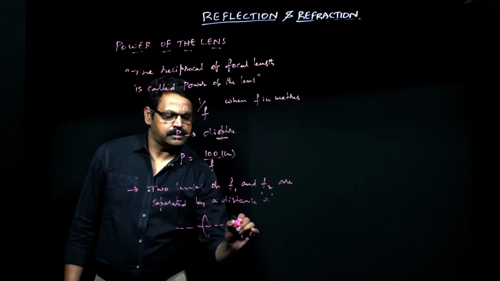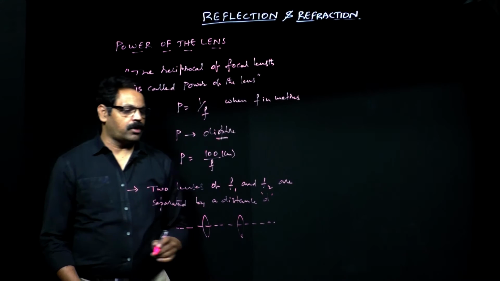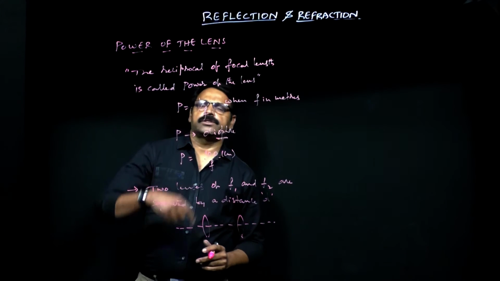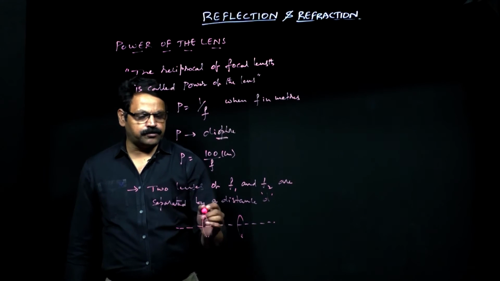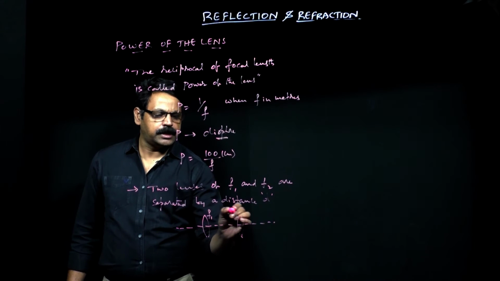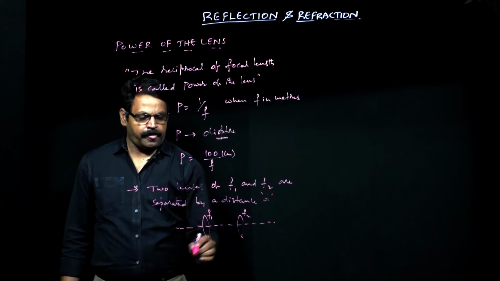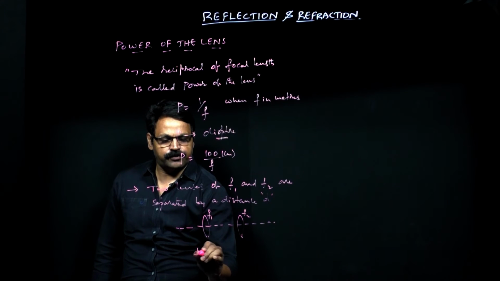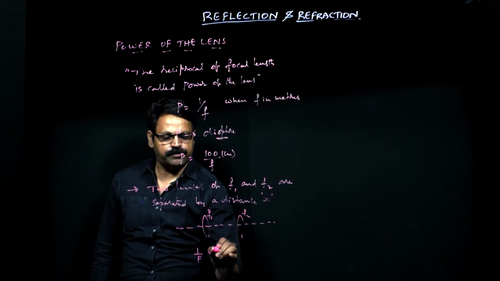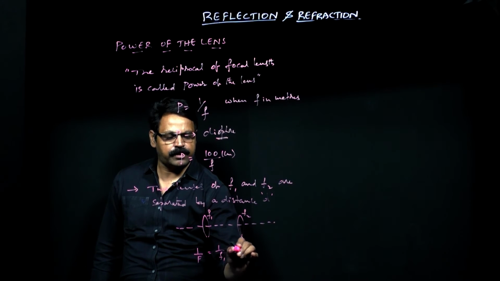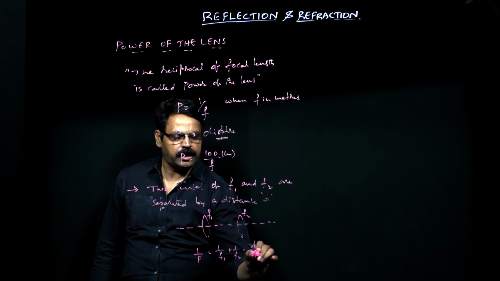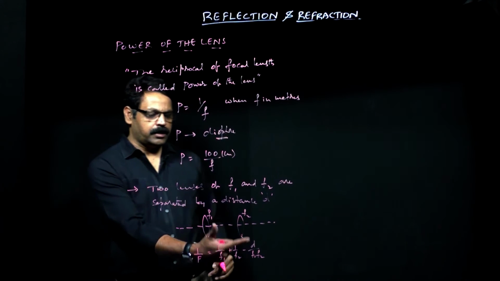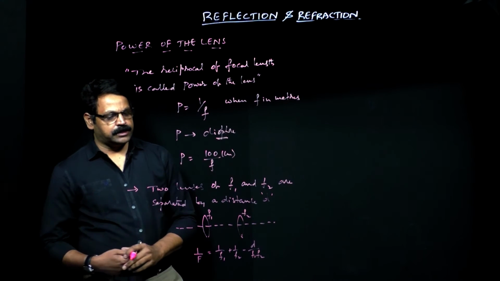Sign convention says for convex lens the power is going to be positive, and for concave lens it is going to be negative. Here I am taking f1 and f2. So the resultant focal length comes out to be 1 by f is equal to 1 by f1 plus 1 by f2 minus d by f1 f2. This is a formula where you can calculate.